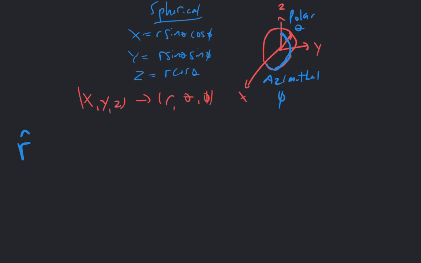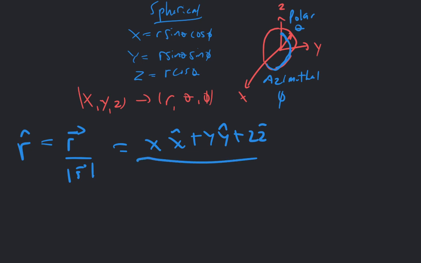For our unit vector, we can say r over the magnitude of r, just as before: x unit plus y unit plus z unit divided by r, which would be the square root of x squared plus y squared plus z squared. And this is a lot of tedious algebra that the viewer can do.